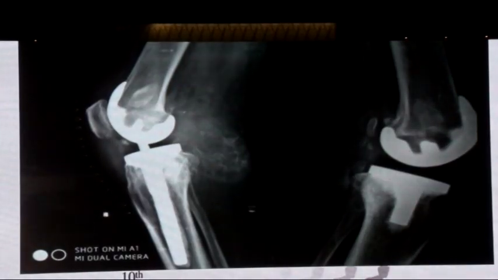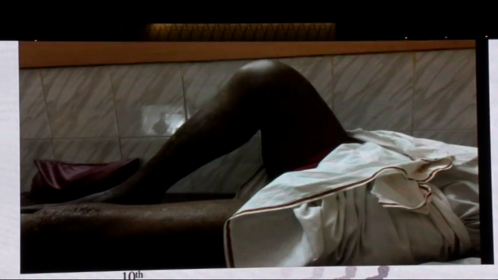This patient was operated in Delhi. The patient is otherwise very comfortable. He has got active extension of both the limbs. He has full flexion of both the knees.